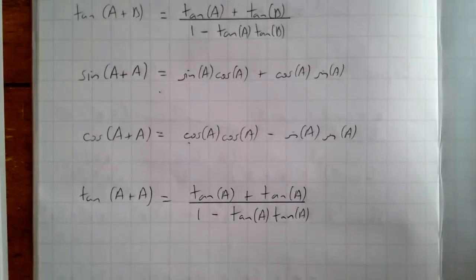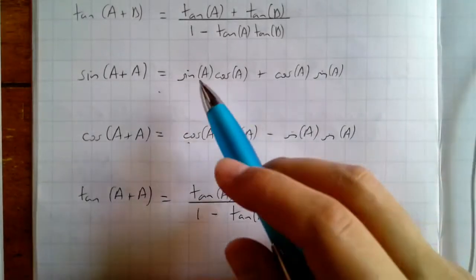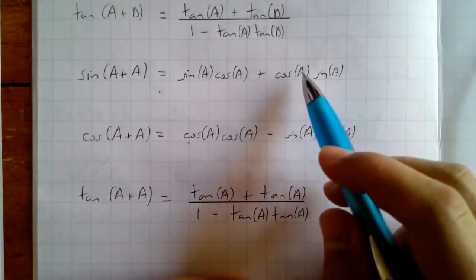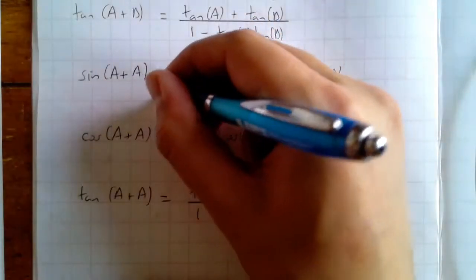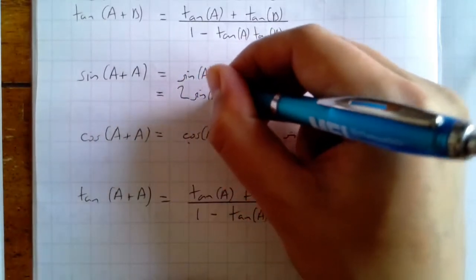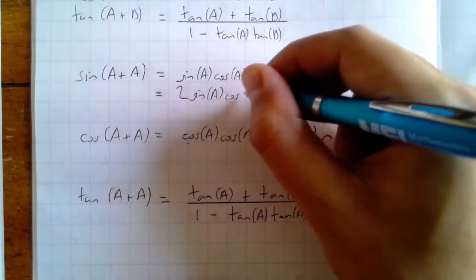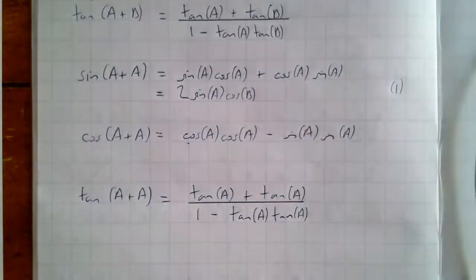So hopefully you managed to get these when you substitute A in. The first one, if you swap these two round, which is perfectly fine because it's multiplication, then you get 2 sine A cos A. And that one's your first double angle formula.